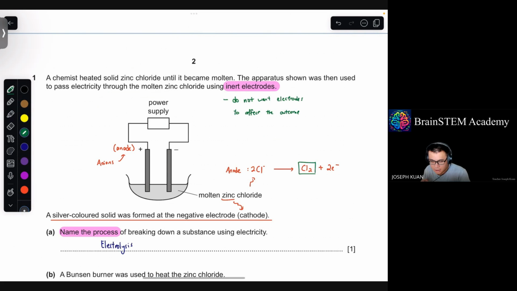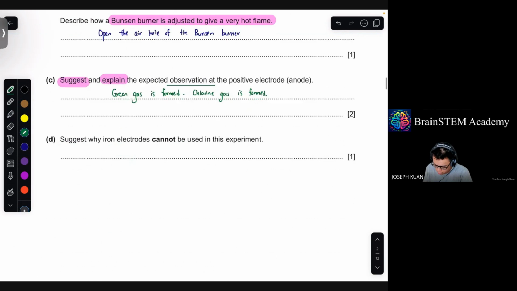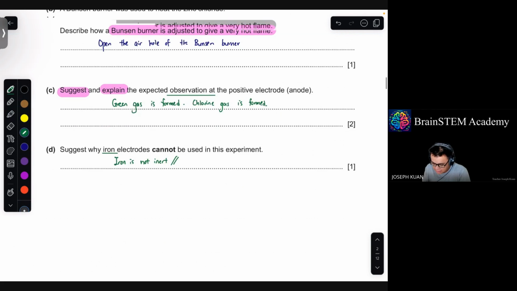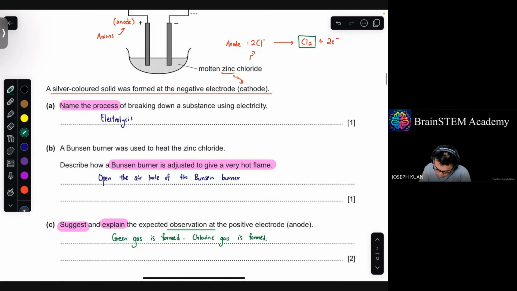So these electrodes only serve as conductors in the experiment. But if you choose to use electrodes that are not inert, like iron, it will actually affect the reaction by maybe reacting with one of the substances in the setup. So in this case, we say that chlorine gas is formed at the anode.